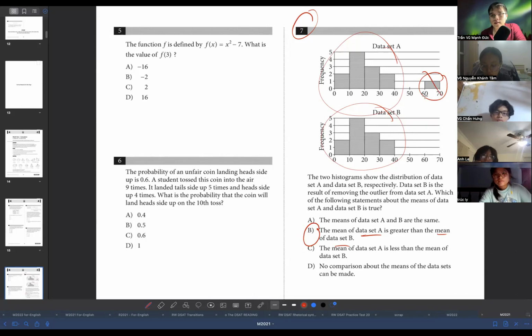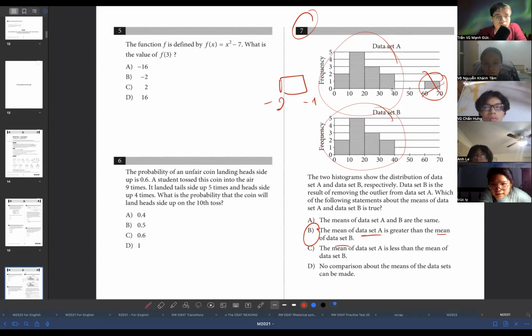How about if I cross this out and I give this, let's say, -2 to -1? What will be the answer in this case? The mean of dataset B is greater than the mean of dataset A. Exactly, because in this scenario, B will be greater because the entirety of B, on average, is bigger than the entirety of this.